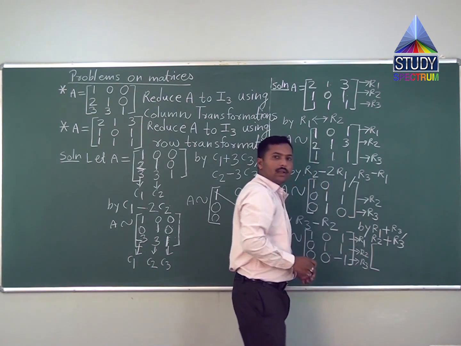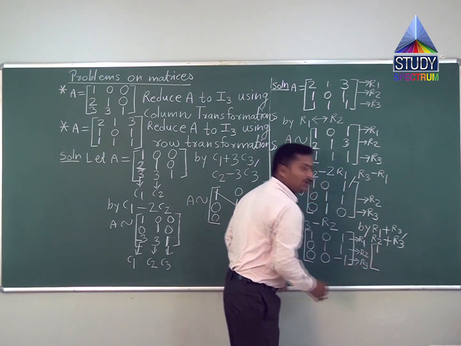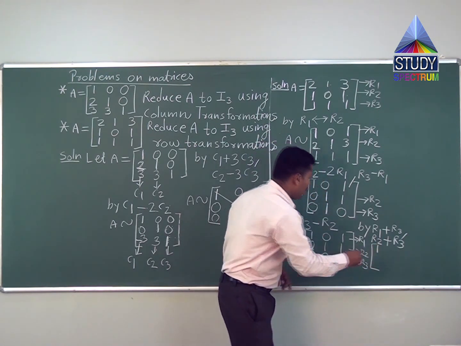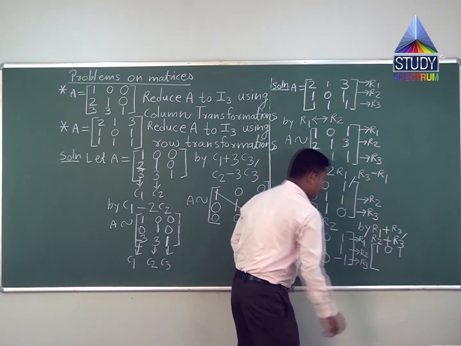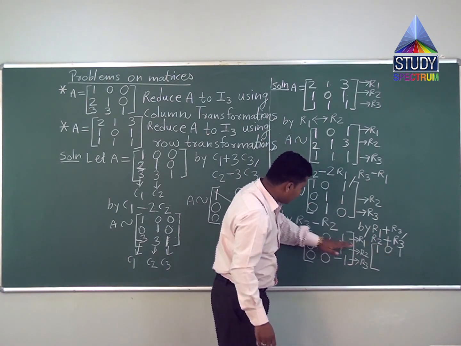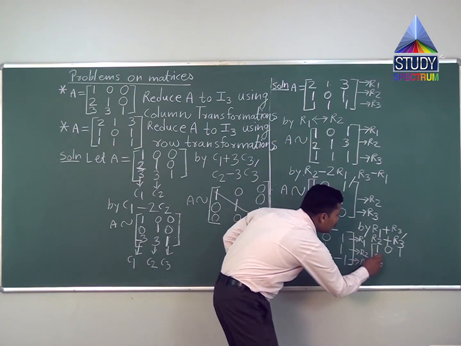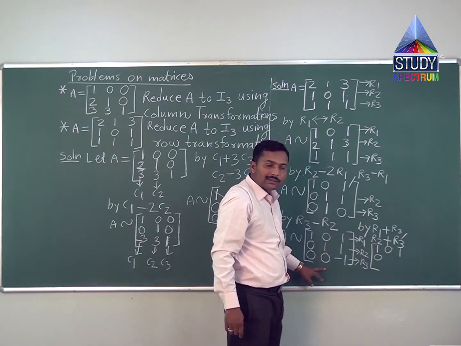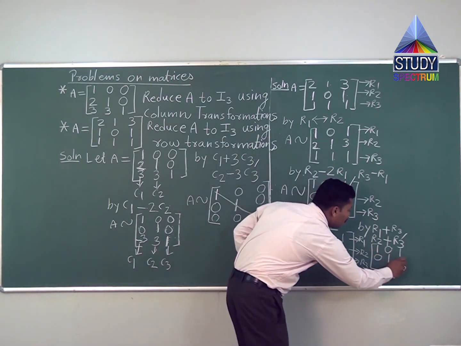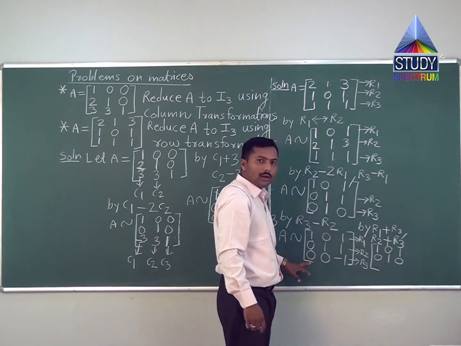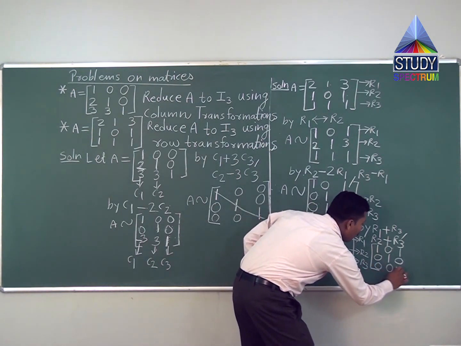So here, 1 plus 0 is 1, 0 plus 0 is 0, 1 minus 1 is 0. For R2 plus R3, second row plus third row, 0 plus 0 is 0, 1 plus 0 is 1, 1 minus 1 is 0, and the remaining is 0, 0, minus 1.